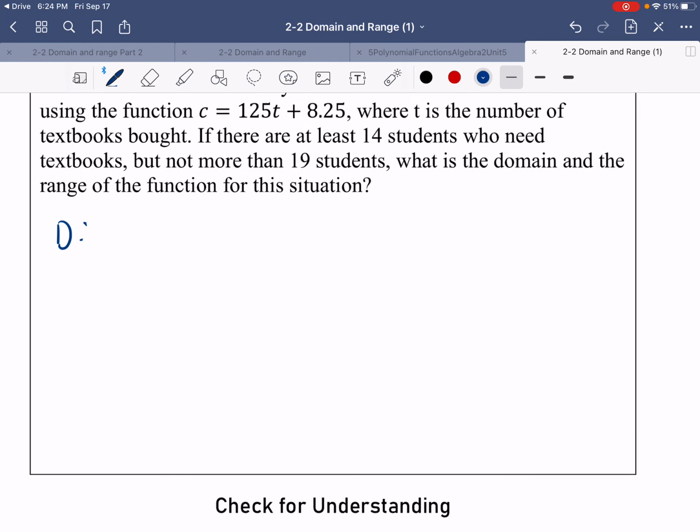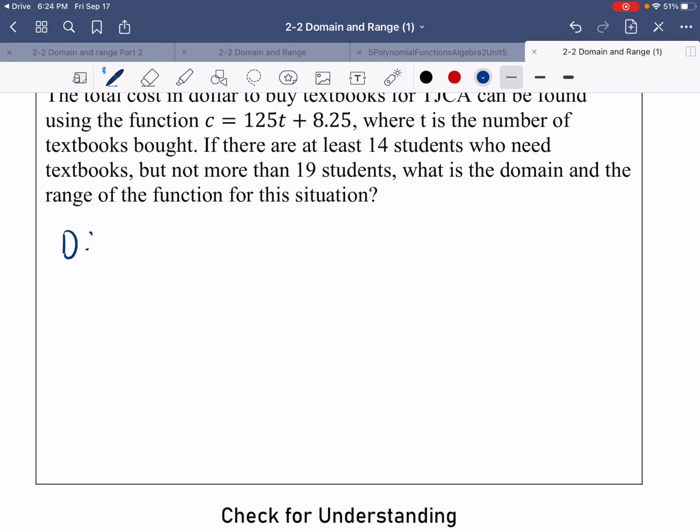And it's very easy. You only have to ask one question. Can you have 14.5 students? You cannot, because you cannot cut people in half. I mean, obviously you can say yes, but that's nonsense. So you can have 14 people or 15 students or 16 and up to 19 students. So that's discrete, and that is the domain.